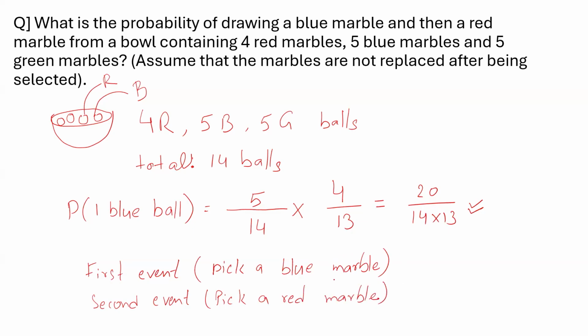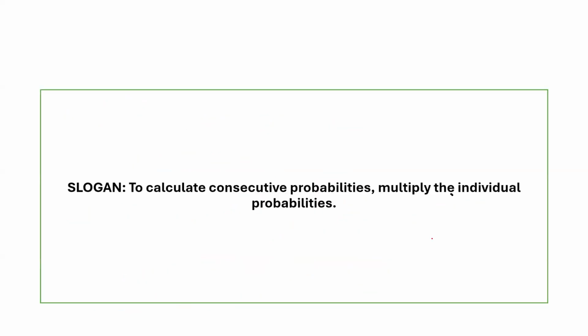So how will you calculate the probability of this scenario? First, you pick a blue marble, write down the probability, that is 5 by 14, and then a red marble, what is the probability? That is 4 by 13, and multiply because both are happening together. First you are picking blue and then red marble. So this is your final answer.